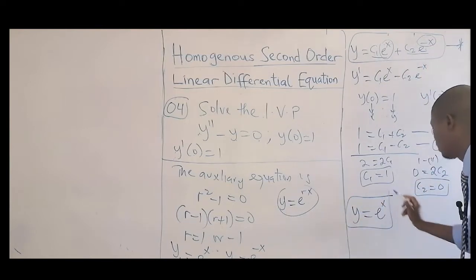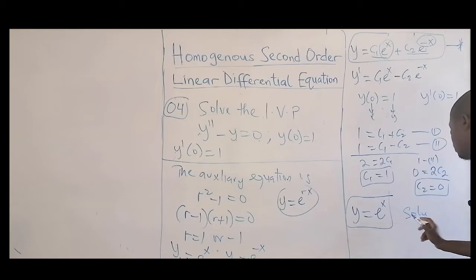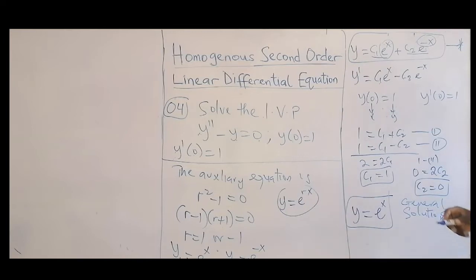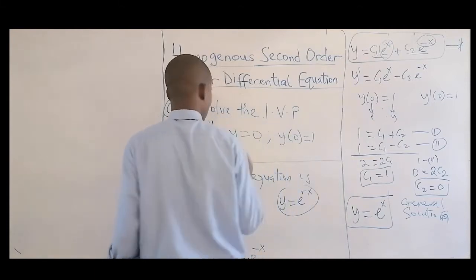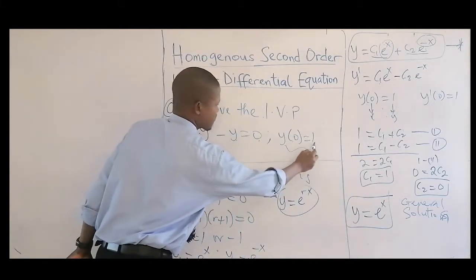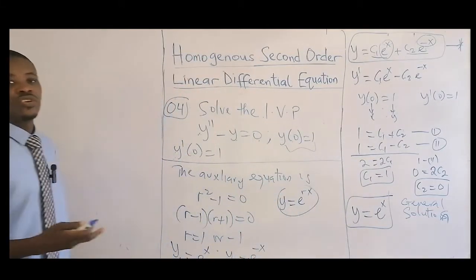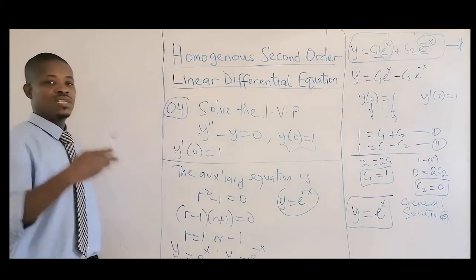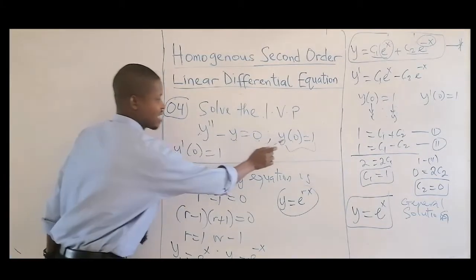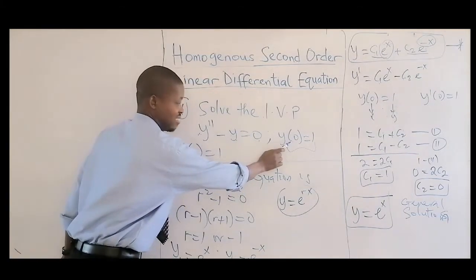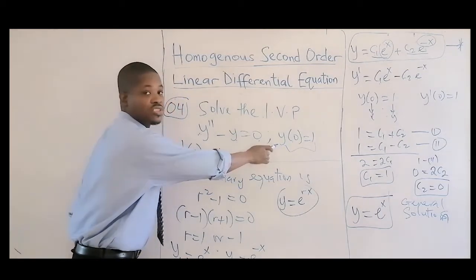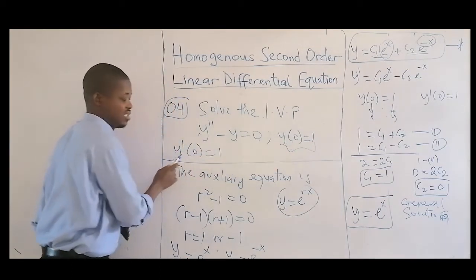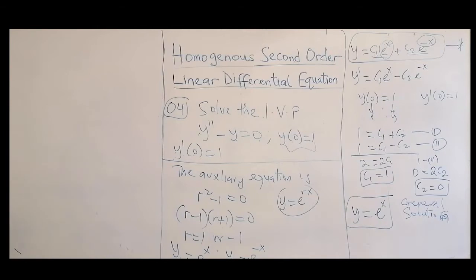So that's the solution. The purpose of these given conditions is just for you to get your constant values, c1 and c2. That's the reason for these given conditions. So that's that question.